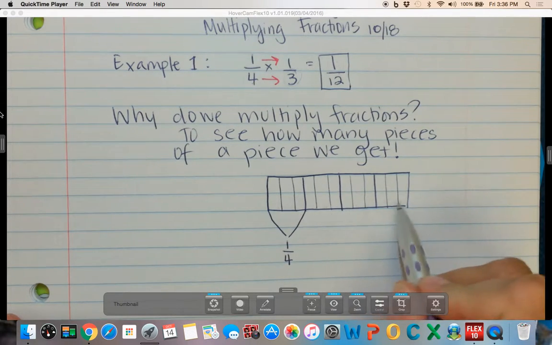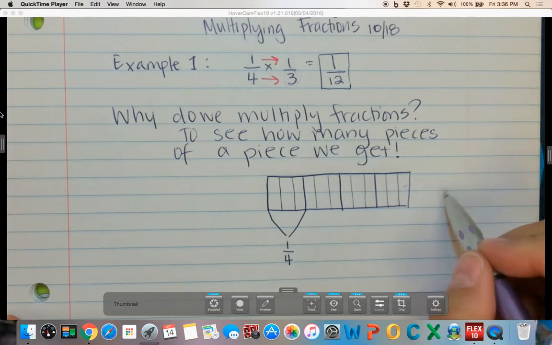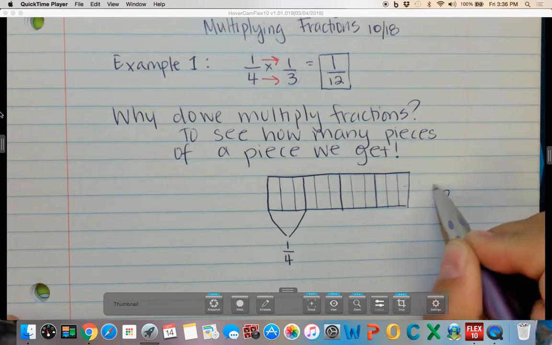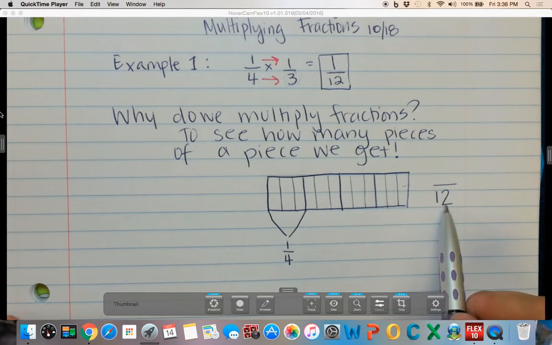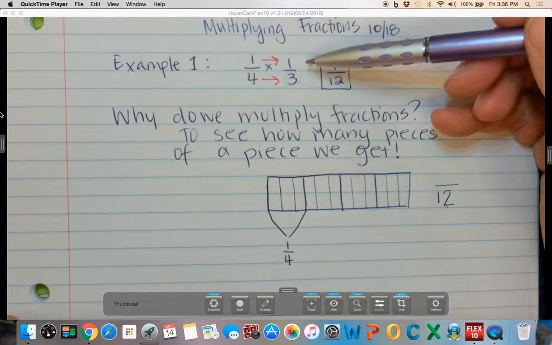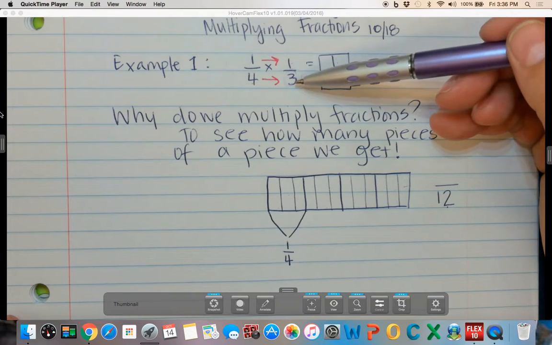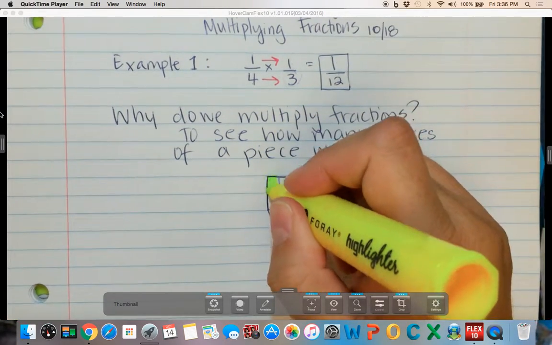Each of these 1/4 now has 3 pieces. So the first question is, how many pieces are there total? There should be 12. If I have 4 to start out with and 3 in each box, I have a total of 12 pieces. Then it wants to know, well, what is one of those pieces? So I'm going to highlight one of those pieces.